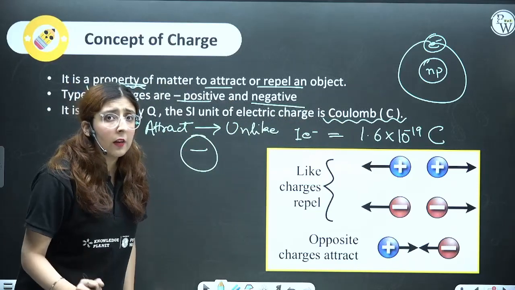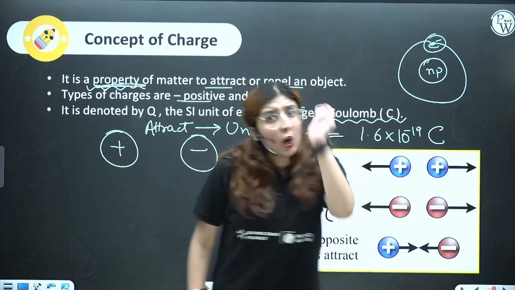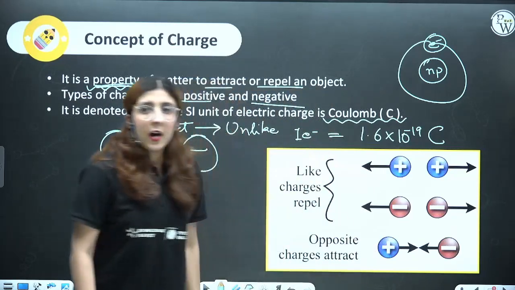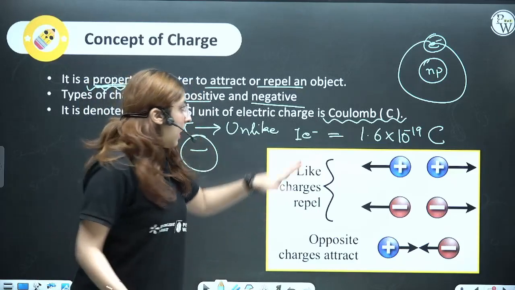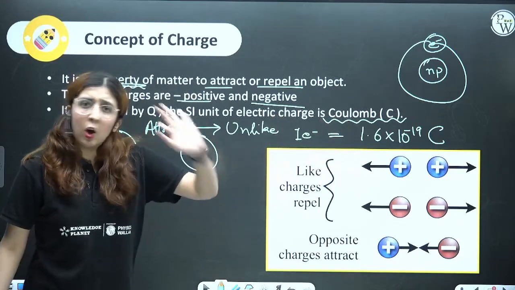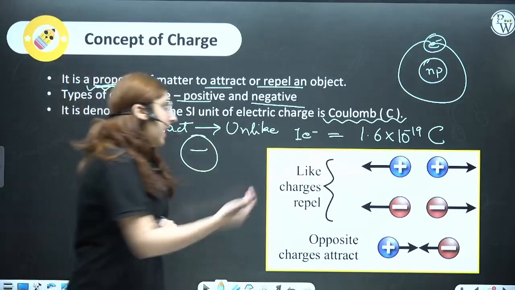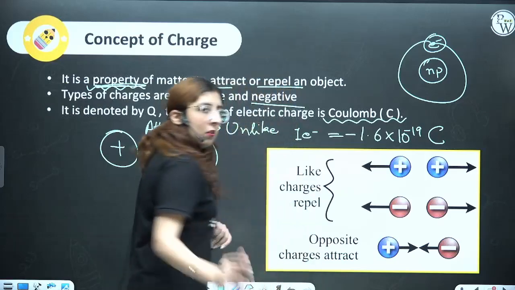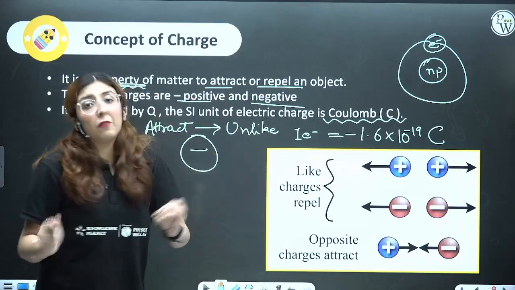Now you may get confused: ma'am, you are saying positive charge, you are saying negative charge, so you are only talking about the proton over here. Why so? Kids, when you move to higher standards, 1.6 into 10 to the power minus 19 coulomb is for the electron, and in a proper manner I would say negative because of the electron. In a proton it is the same amount but positive.